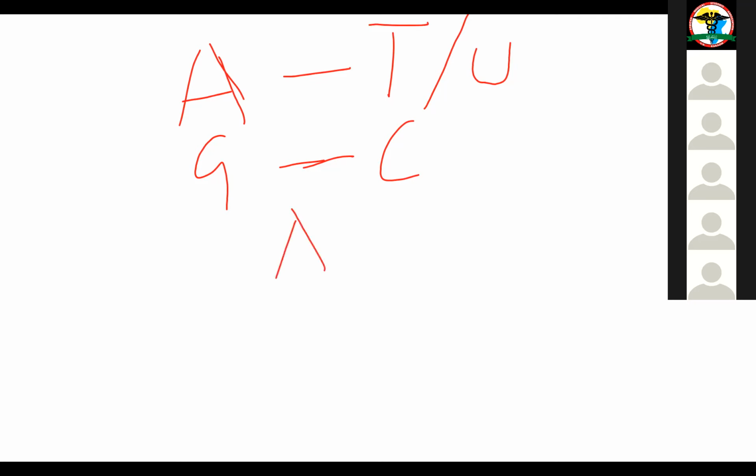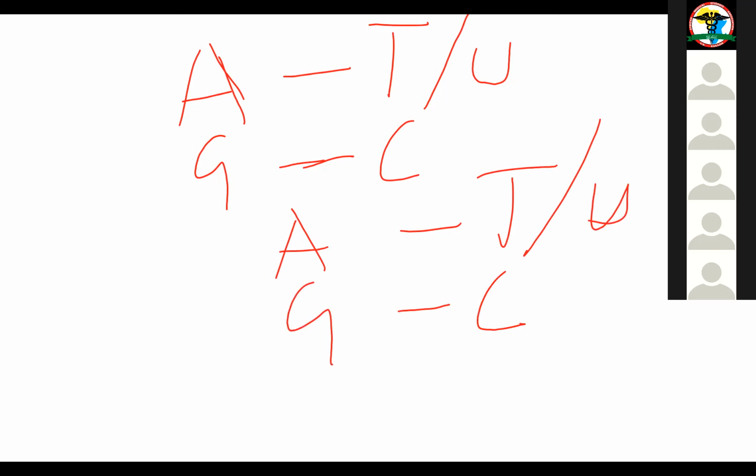For every A in a DNA, there's a T, and for every A in RNA, there's a U. For every G, there's a C. Do you understand? So the number of A that you find in a DNA should be equal to the number of T you find.